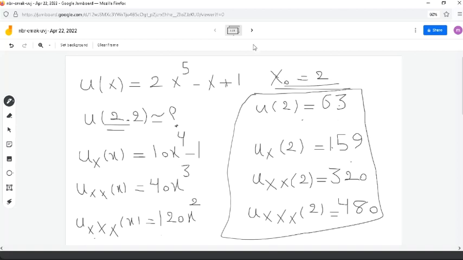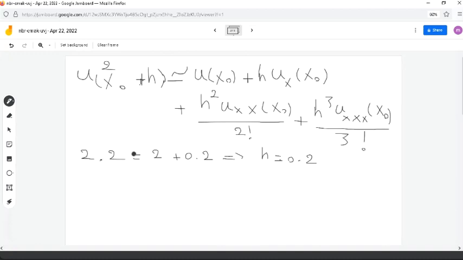Then we can write 2.2 is equal to 2 plus 0.2, and then we obtain h is equal 0.2. Is it okay? And then it's sufficient to replace the result at the last page in the Taylor theorem.